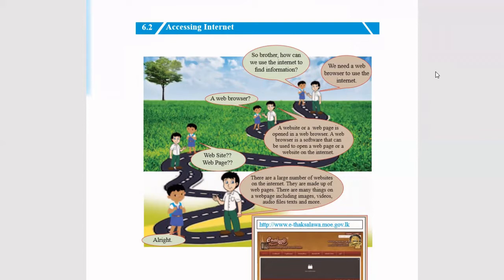Using a web browser, we can open web pages and websites. What do you mean by a web page? It's a kind of e-document, where you have images, text, video, and audio files. So many resources are available in a web page. A collection of web pages we call a website.